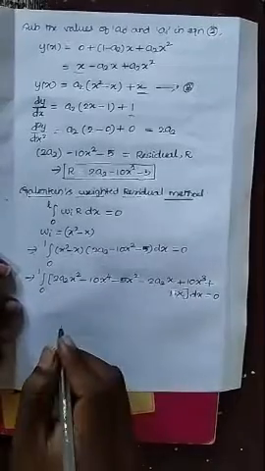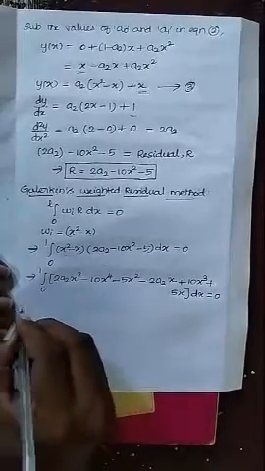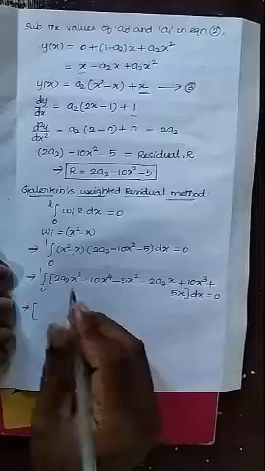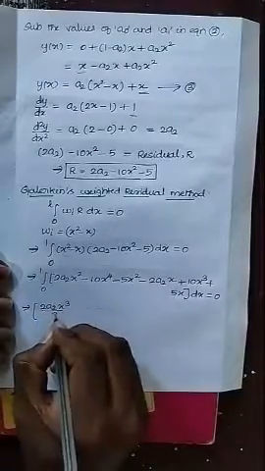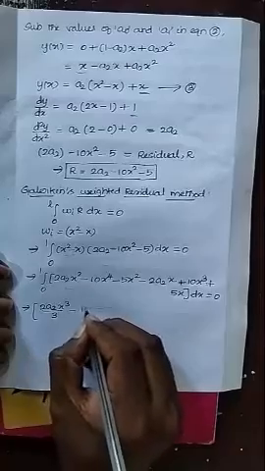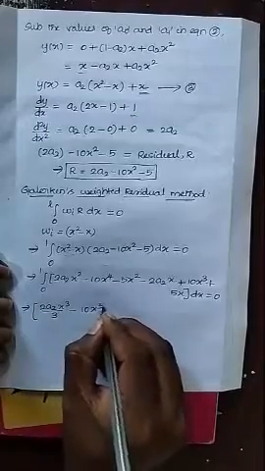Now we can integrate the available function. 2a2 x square: the integral form is 2a2 into x cube by 3, minus 10 into x power 5 by 5.